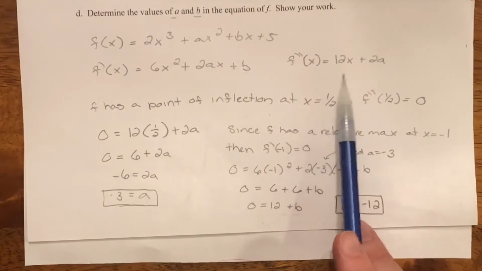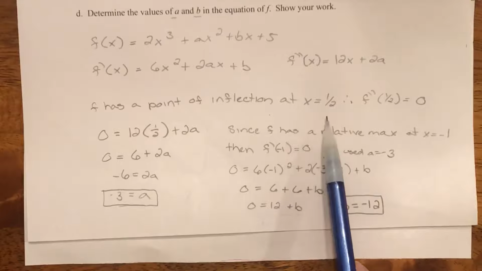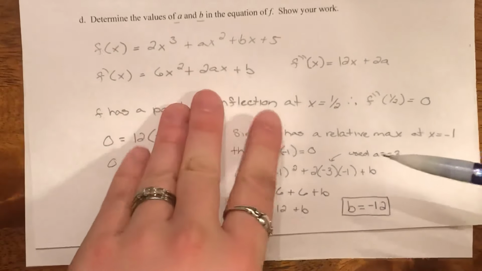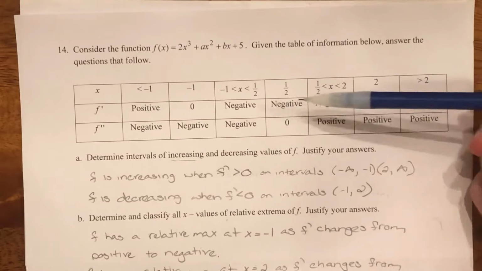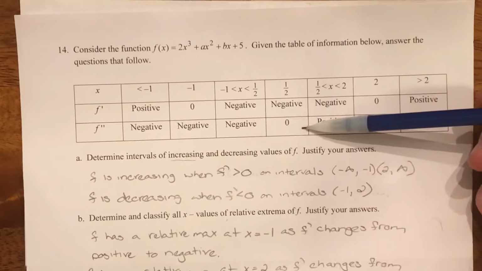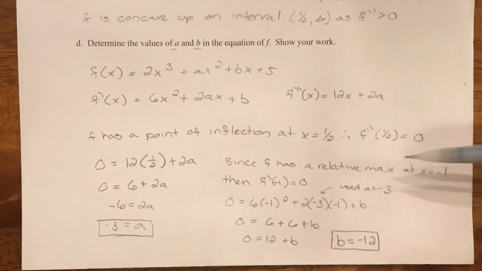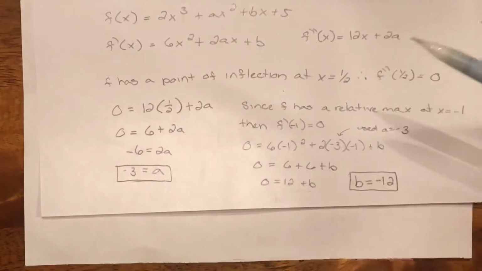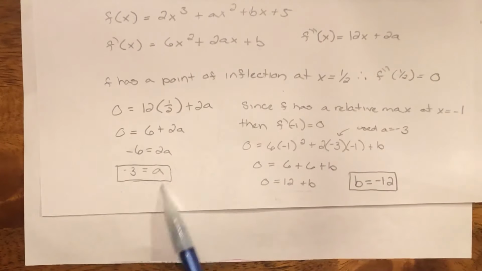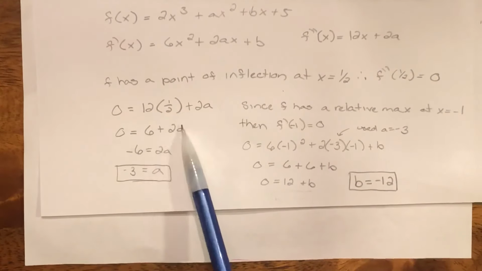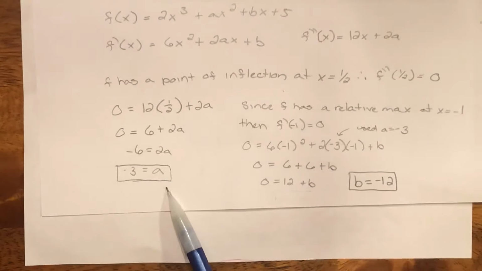So f double prime, that's the first thing I did, because I know if f has a point of inflection at x equals 1/2, remember that's what I just said, you go from negative to positive, point of inflection, then f double prime is going to be equal to 0. So I set f double prime equal to 0. And I know it's when x is 1/2, so I put 1/2 in here. And I get 12 times 1/2, which is 6, I subtract, and I get a is equal to -3.